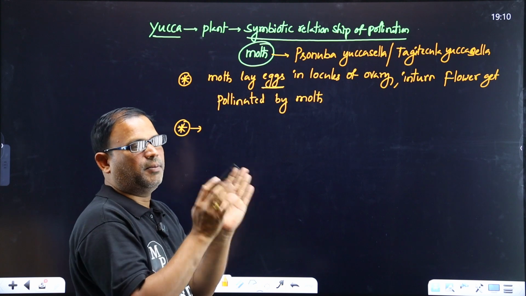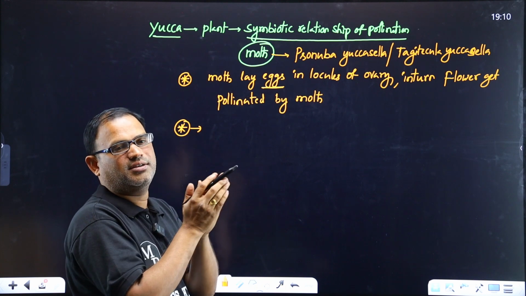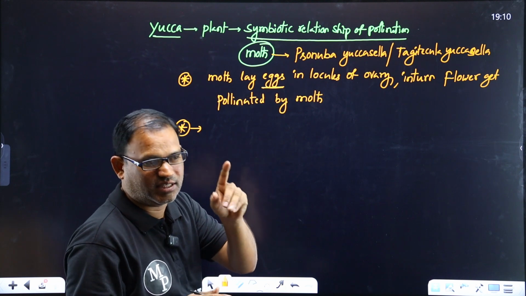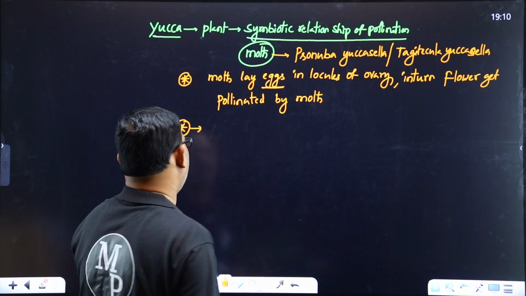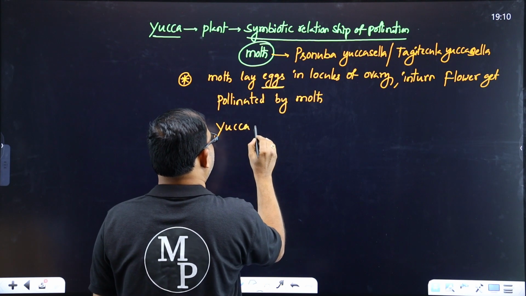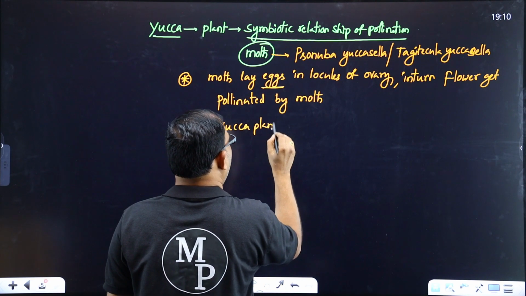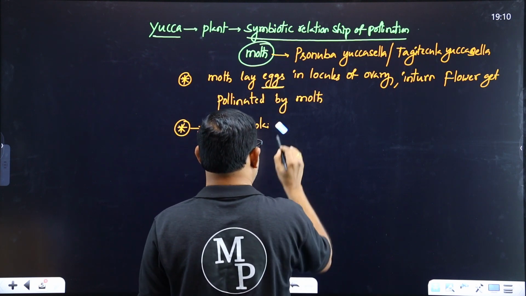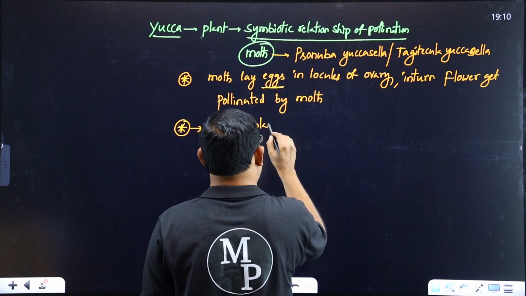That means they depend upon each other and cannot complete their life cycle without each other. Very important. Okay? Yucca plant and moth.